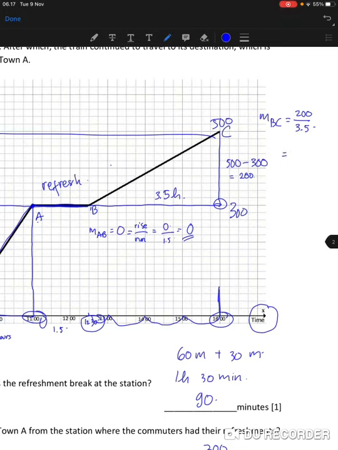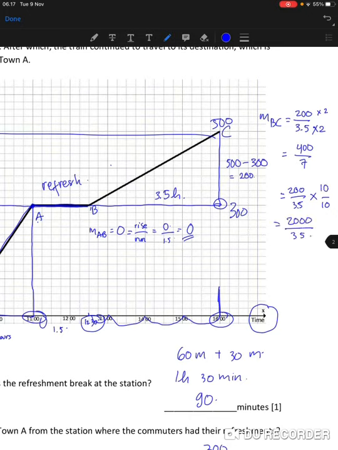Remember, avoid the decimal inside your fractions, yeah? If you have a decimal in your fraction, it means you have to make it into a whole number. You can just multiply both numbers by 2, so you will have 400 over 7. Miss, can I use 10 for the multiplication? Sure. If you multiply by 10, you will have 2000 over 35.